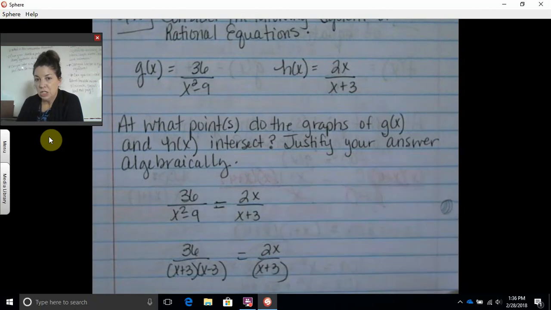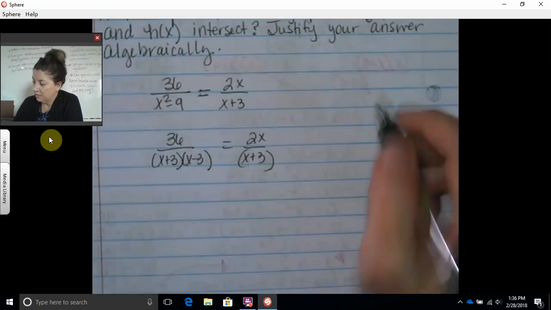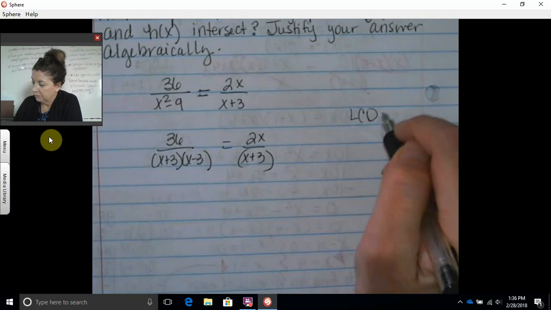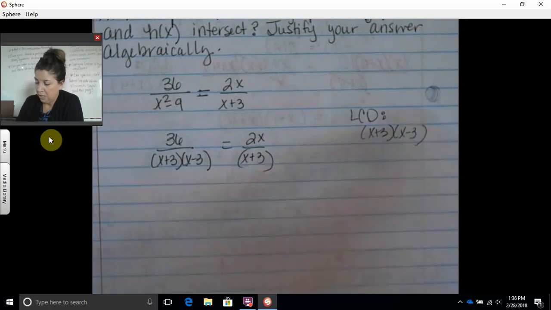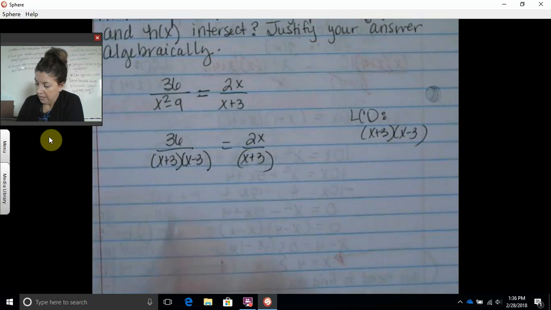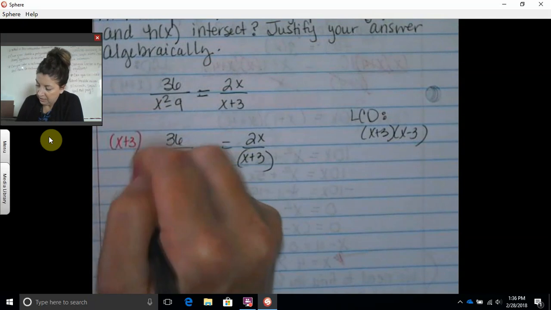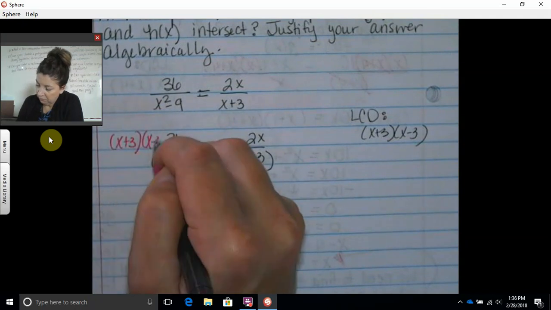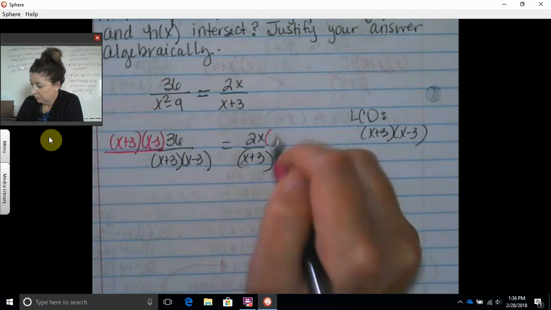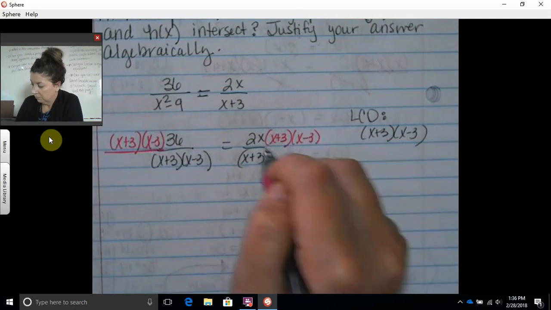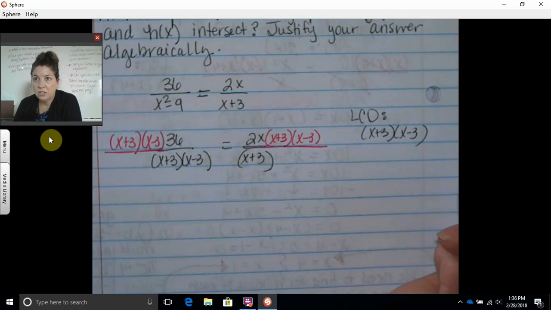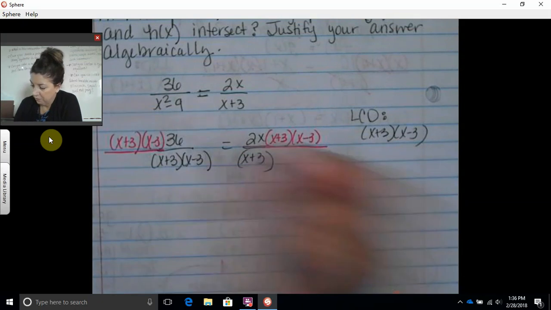All right. So what is my least common denominator? x plus 3, x minus 3. Boom. So I'll multiply every term by the LCD, and cancel where I can or reduce.